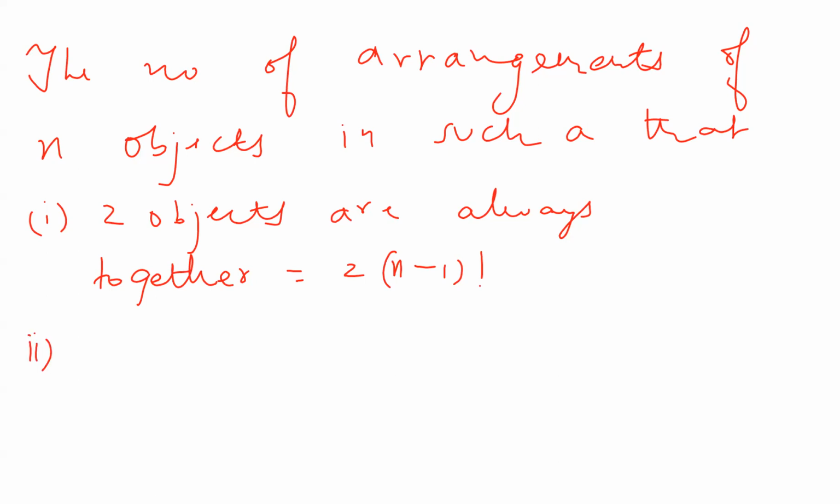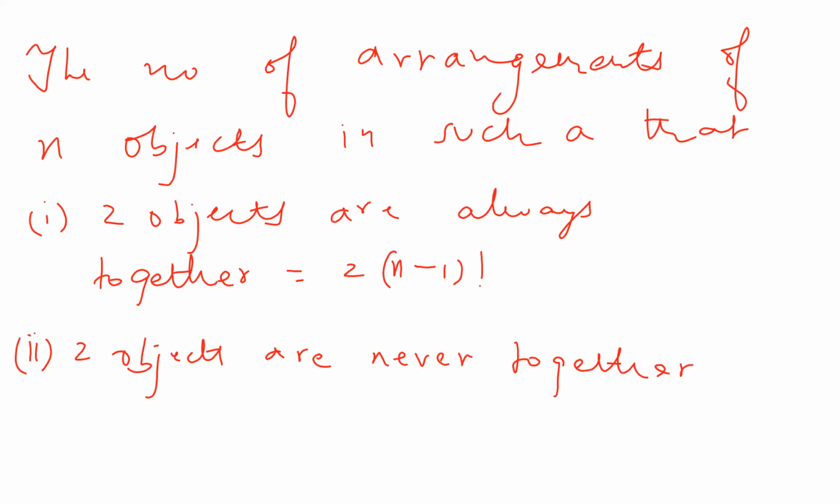And second part, 2 objects are never together is equal to n minus 2 into n minus 1 factorial.